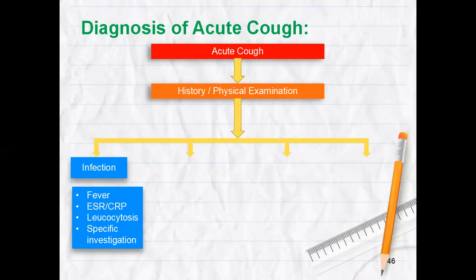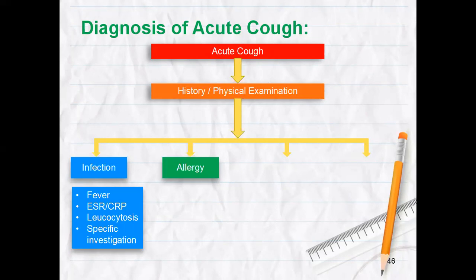For example, we can do sputum culture, we can do biopsy, or if there are signs of anaerobic infection on sputum, then we could start with antibiotic. So there can be specific investigation afterward, followed by the general history and physical examination.